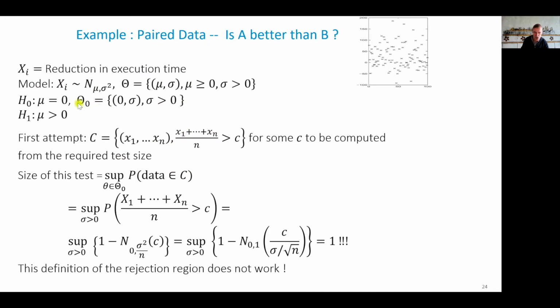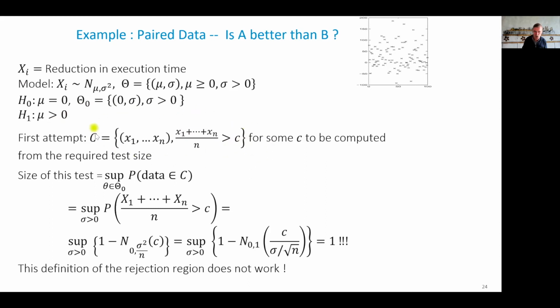So if H0 is to be rejected, that means if mu is positive, the sample average of my data should be larger than some quantity here. This quantity C is a free parameter. When we design a test, we always have a free parameter, which is the size of the critical region, which is depending on the size of the test, of the probability of a given type of error. So that's an attempt I'm doing.